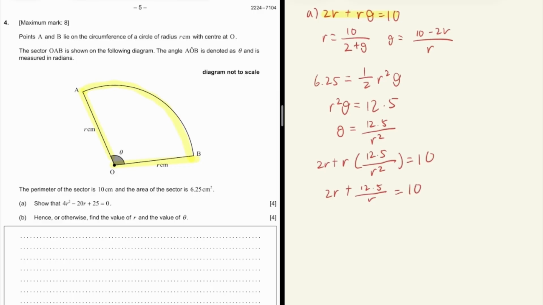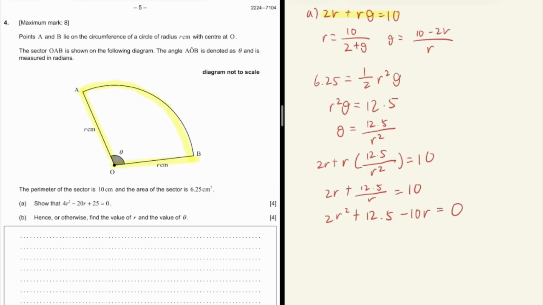And so we get 2r squared plus 12.5 minus 10r equals 0.